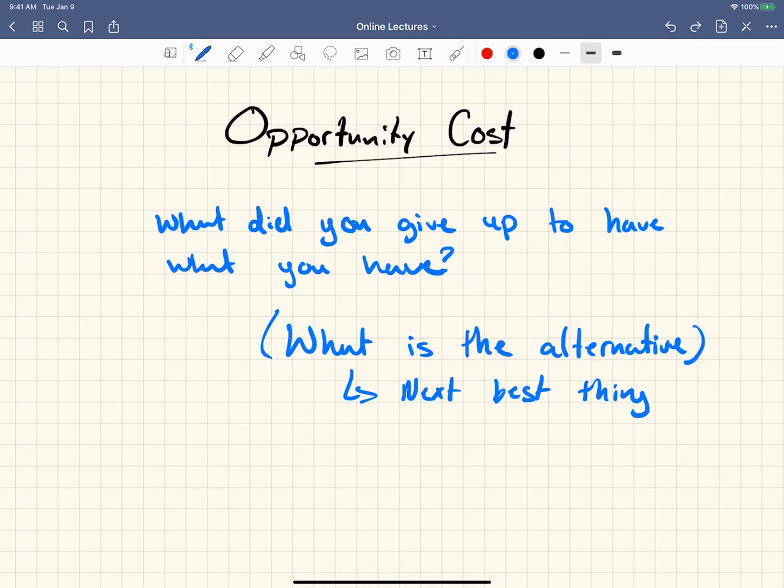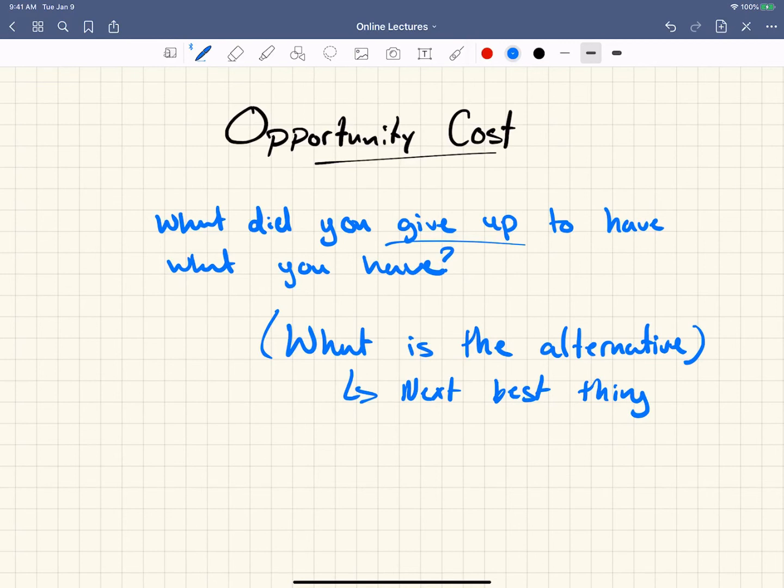Then the opportunity cost of watching this video is playing video games. Maybe studying for a different class, right? You say, I'm going to study for economics today. Well, what's the opportunity cost? What did you give up to study for econ? Maybe you gave up studying math, maybe you gave up working. Whatever the next best thing, whatever thing you gave up is your opportunity cost.